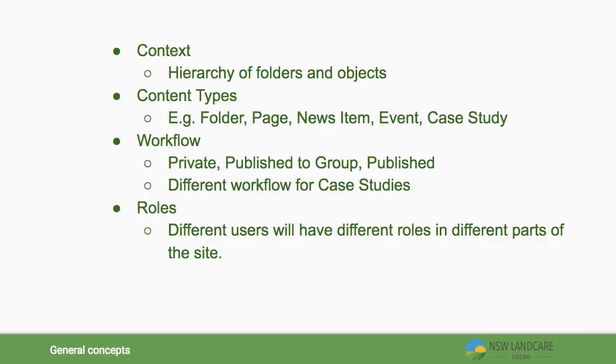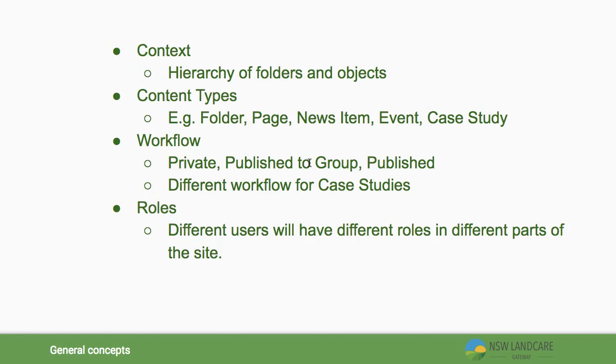There is a second state called published to the group, and this will put the content in a state where it is still not visible to the public, but it will be visible to any other group member who is logged in to the group. So that might be handy for uploading, say, private minutes to meetings or sharing files.